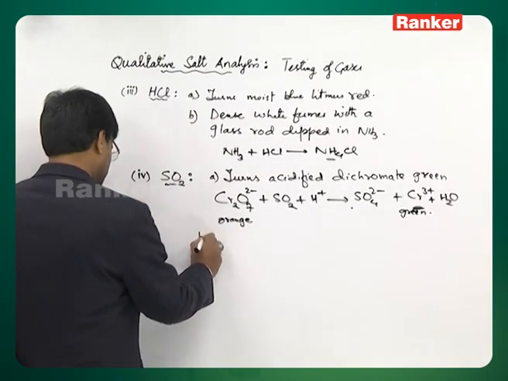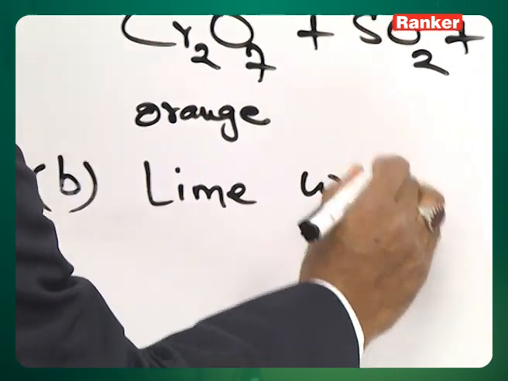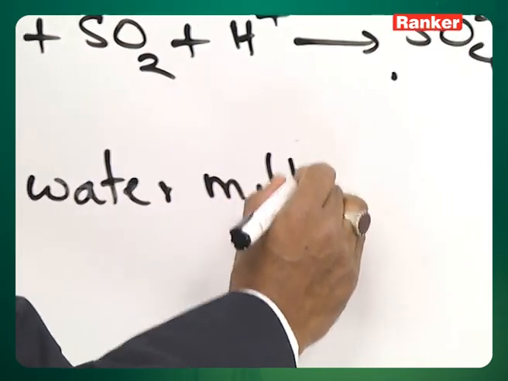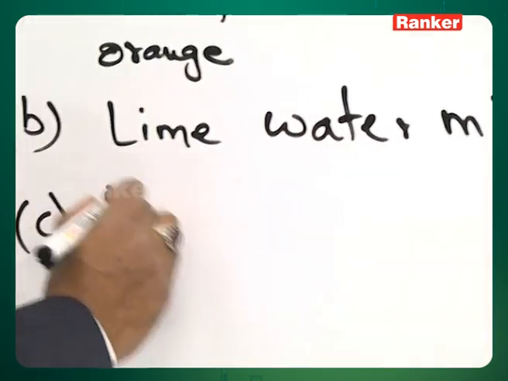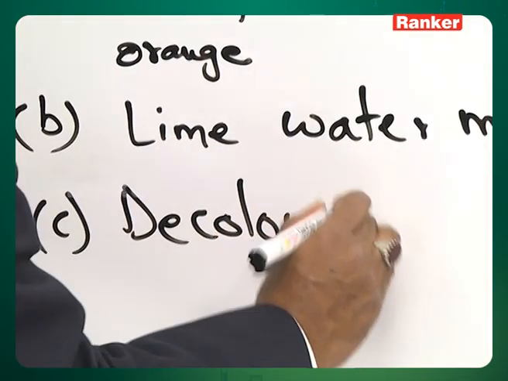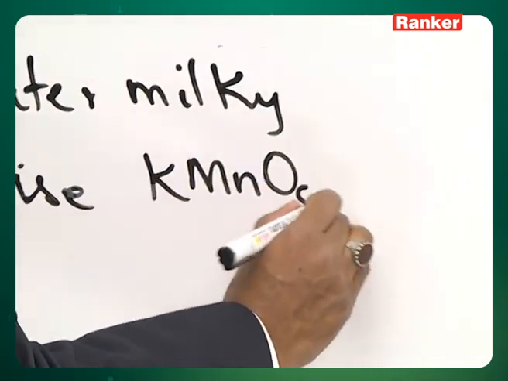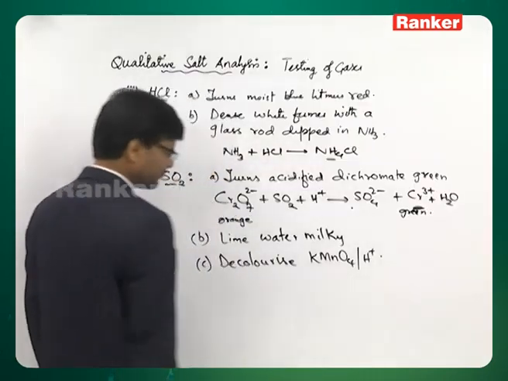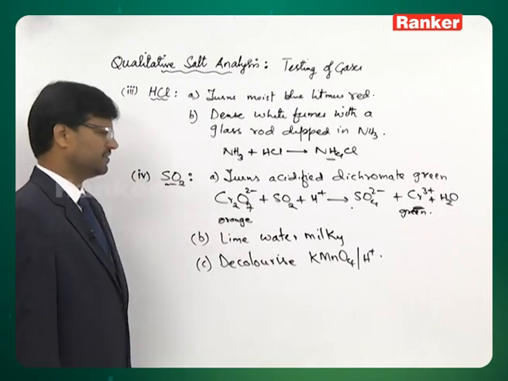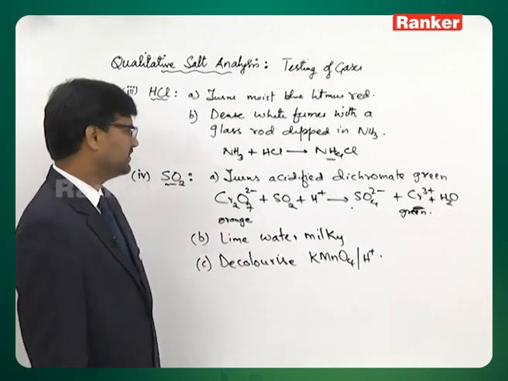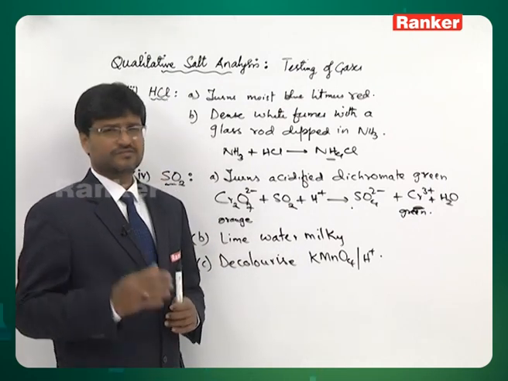Fine. Apart from this, it turns lime water milky, and milkiness is due to formation of calcium sulfite. It decolorizes acidified KMnO4. So these are few important tests for sulfur dioxide. Sulfur dioxide changes acidified dichromate green. It gives milkiness with lime water.